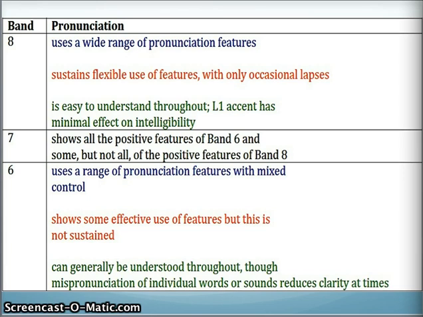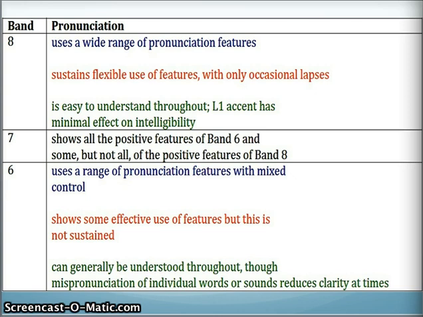It's okay not to sound like a native speaker, but it's not okay if you mispronounce some words, and because of it, the examiner cannot understand what you are saying. If mispronunciation of individual words or sounds reduces clarity of your speech, you will not get anything above 6.